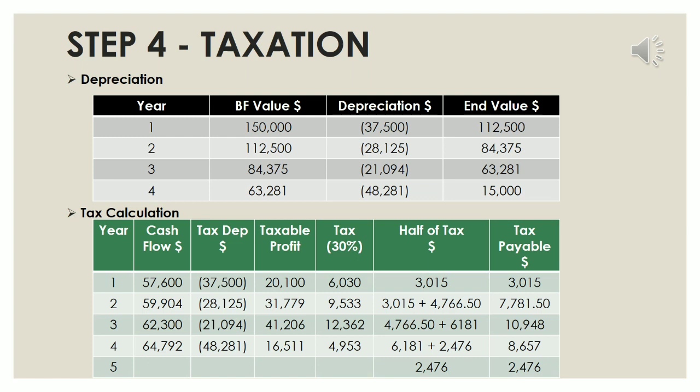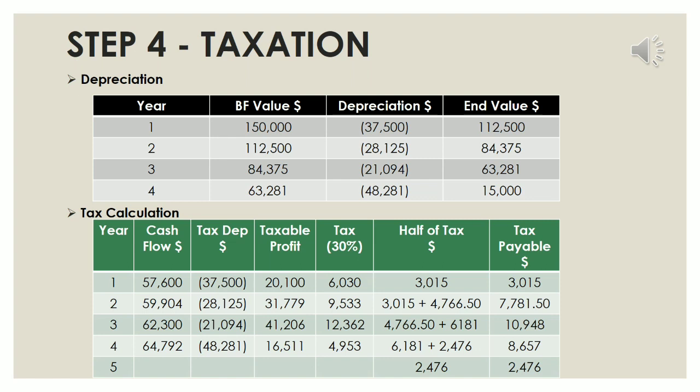Altogether, the tax payable amount for the fourth year will be $8,657. Even though this project's lifetime is only 4 years, there will be a transaction of $2,476, a cash outflow, in the 5th year.